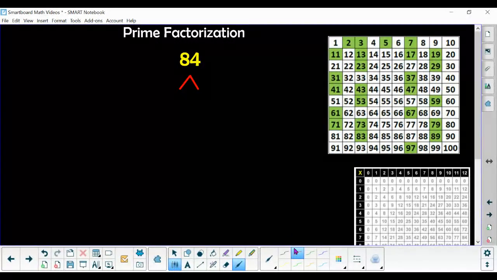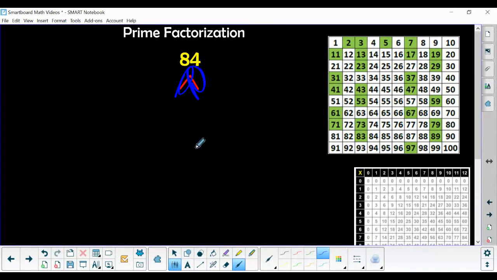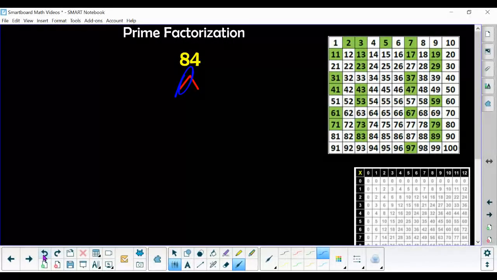So, if a number is a composite number, it's going to receive two branches. Okay? Two branches. And what I need to do is figure out what two numbers, when I multiply, give me 84. If you ever have trouble, use your multiplication chart.